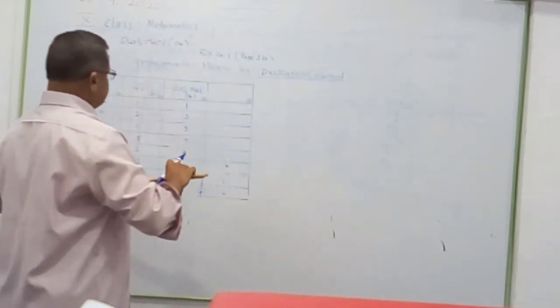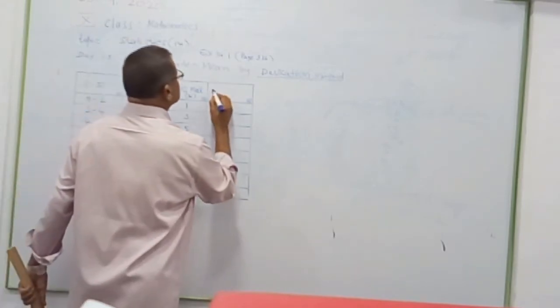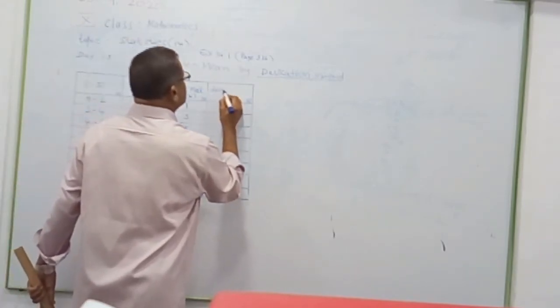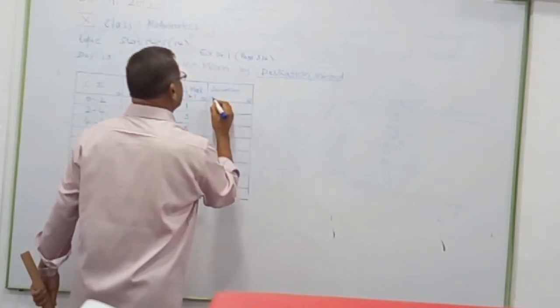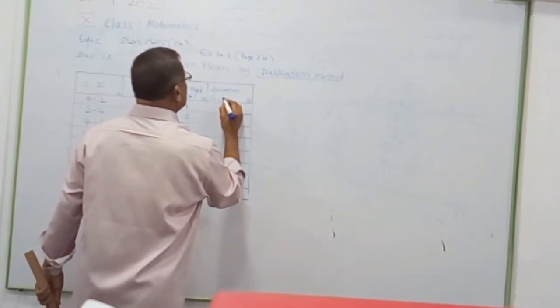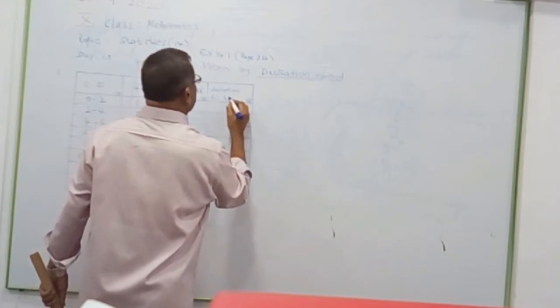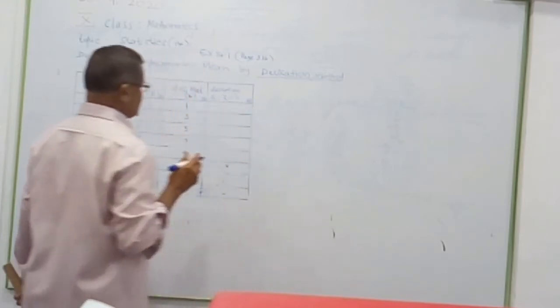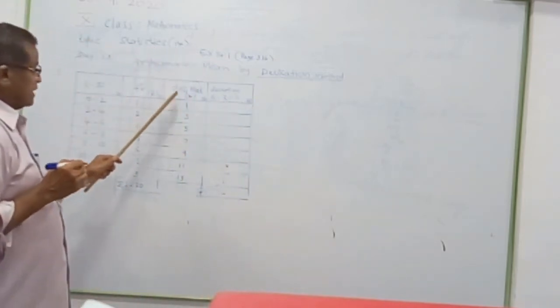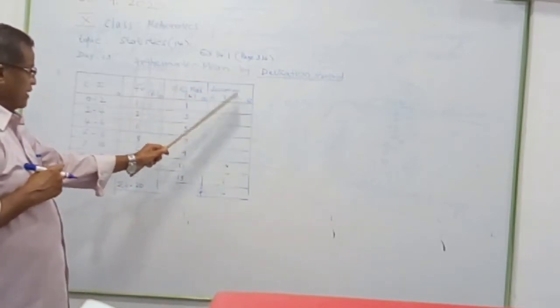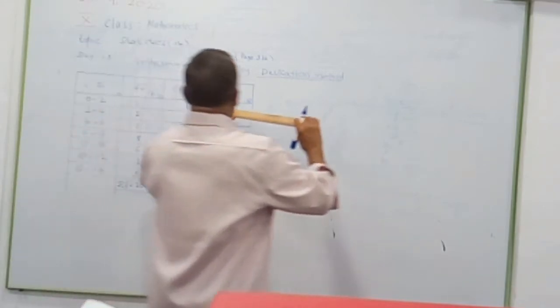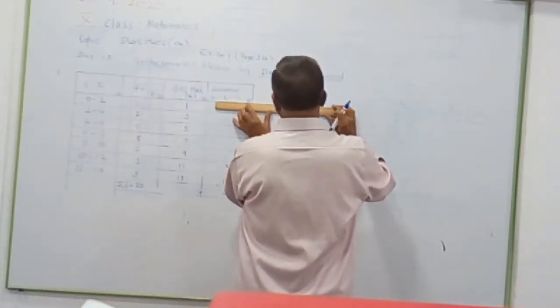See here, deviation. Fourth column, deviation: Di is equal to X minus A, where X is the class mark, A is the assumed mean, and the next, fifth column, is Fi into Di.